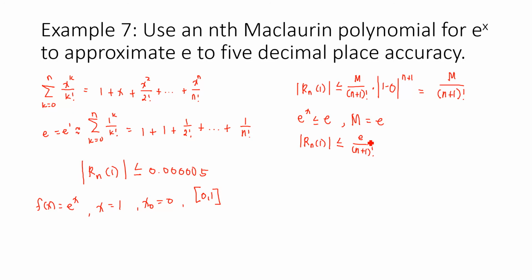Take note that we know that e is less than 3. So in this case, if e is less than 3, then the absolute value of the remainder is less than 3 over the quantity n plus 1 factorial.